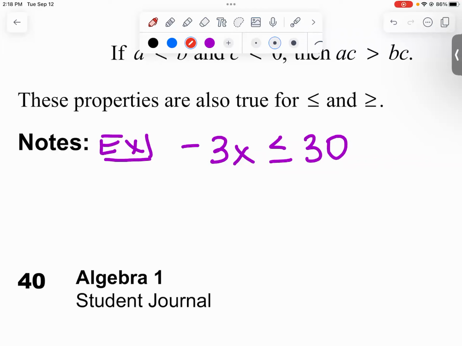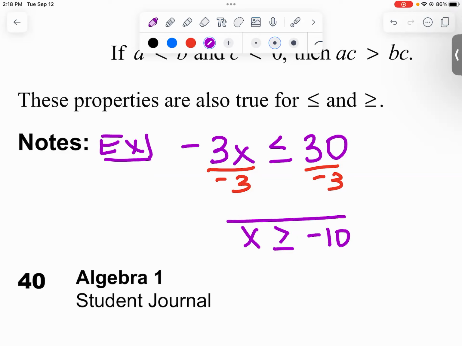We need to divide by -3. And you just told me that if we multiply or divide by a negative, then we need to flip the sign. So this becomes x is greater than or equal to -10.